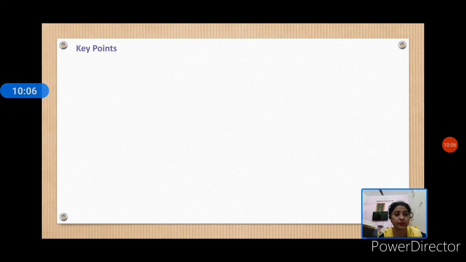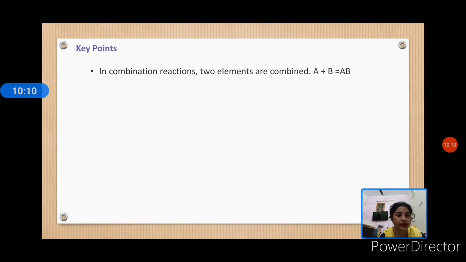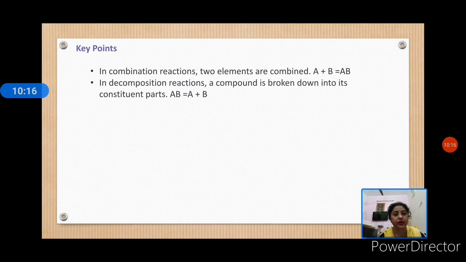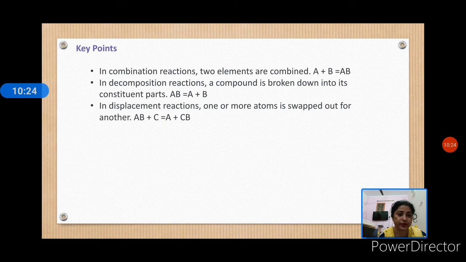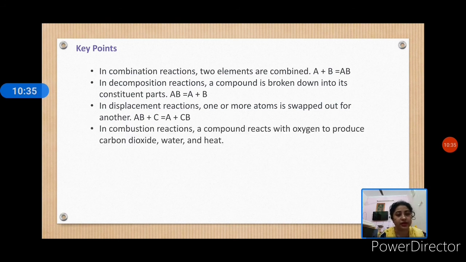What are the key points for all these different types of reactions? In combination reactions, two elements are combined: A plus B gives out AB. In decomposition reactions, a compound is broken down into constituent parts: AB gives out A plus B. In displacement reactions, one or more atoms is swapped out for another: AB plus C gives out A plus CB.